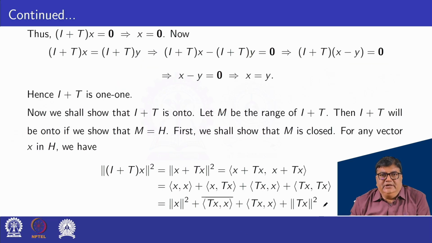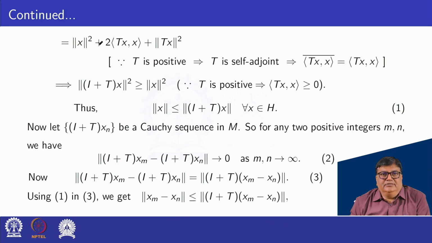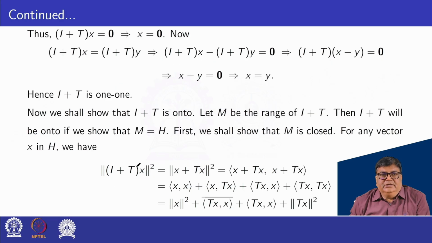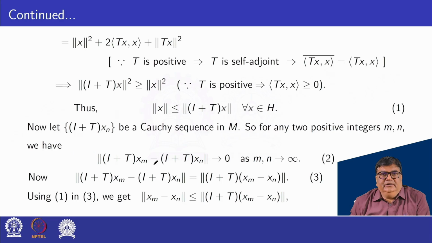So this expression can be written as norm x squared plus 2 times the inner product of Tx, x plus norm Tx squared. So norm (I plus T)x squared is greater than or equal to norm x squared, because T is positive, that is the inner product of Tx, x is greater than or equal to 0. It means norm of (I plus T)x squared is greater than or equal to norm x squared.